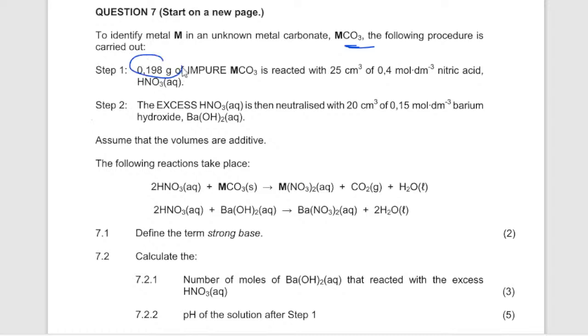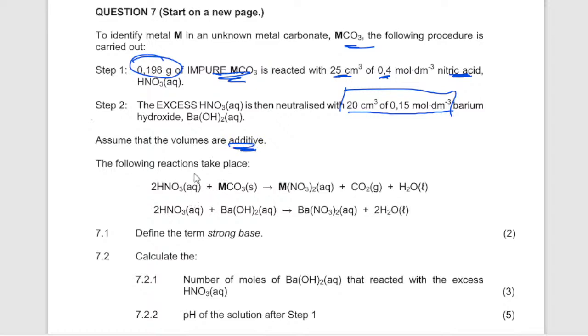You have this mass of impure sample reacting with nitric acid. Yes, so the excess nitric acid will react with this barium hydroxide. Okay, assume that the volumes were additive.